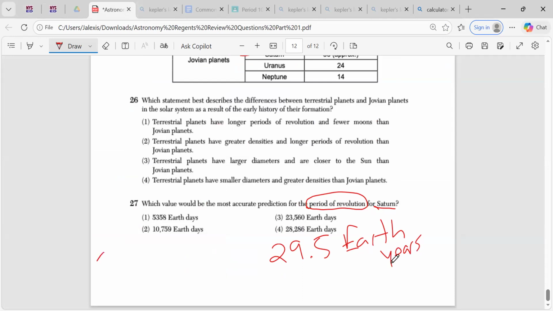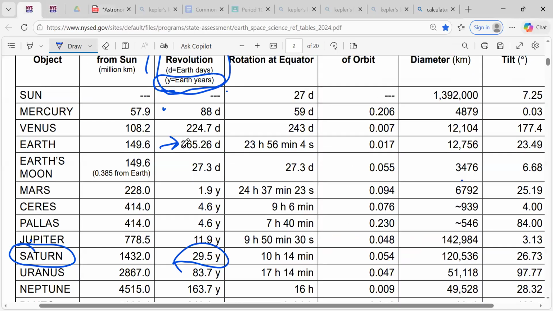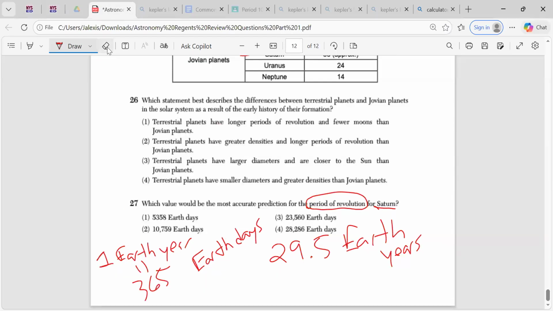Well, what do I know? One Earth year is equal to 365 Earth days. If you wanted to be more accurate, you could use 365.26 as well.